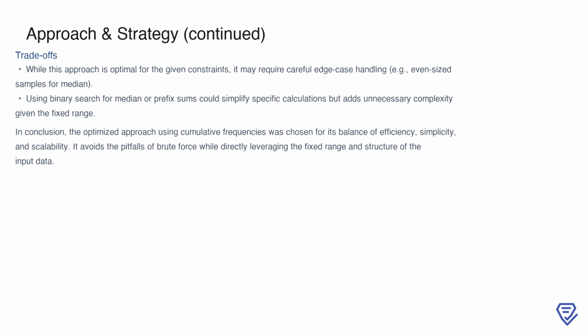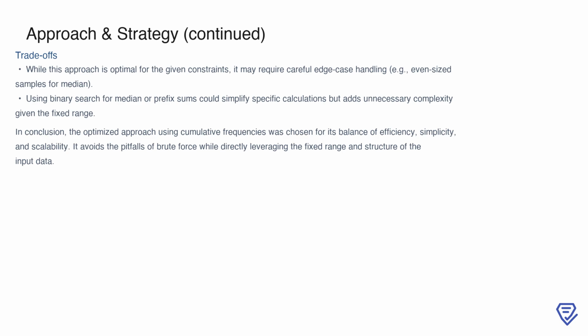Although this approach is optimal for the given constraints, there are some trade-offs to consider. For example, careful handling of edge cases, such as determining the median for even-sized samples, is required to ensure accuracy. While alternatives like binary search or prefix sums could simplify specific calculations, they would introduce unnecessary complexity given the fixed range of 0 to 255.